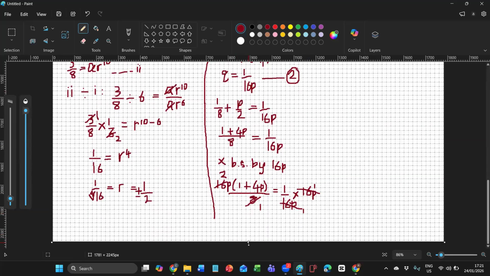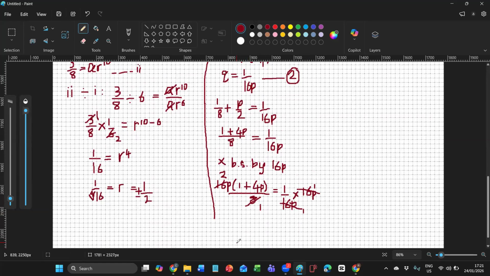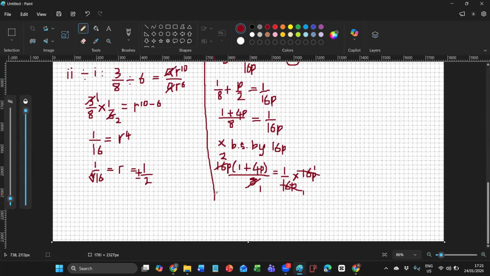On the left-hand side, you can see the 2p playing out there: 2p into the bracket 1 plus 4p.